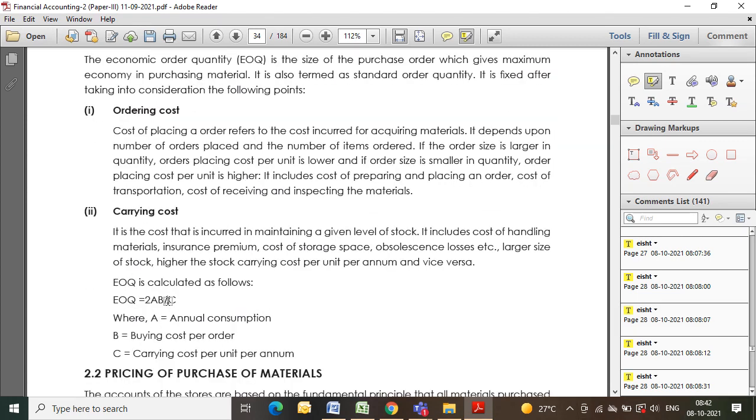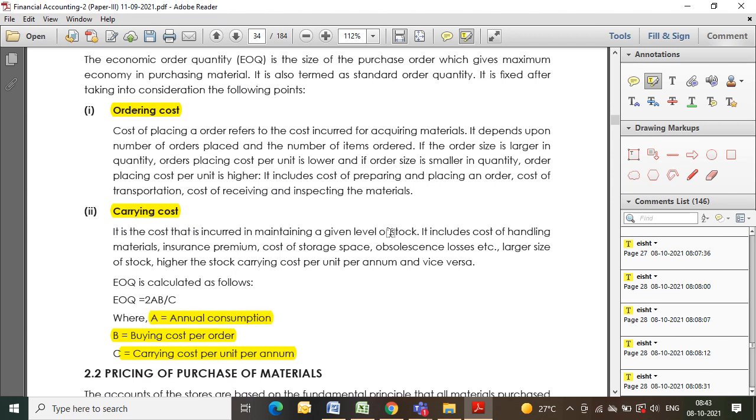So B is the buying cost per order, which is the ordering cost. Then C is the carrying cost. And A is your annual consumption. So three things are there.